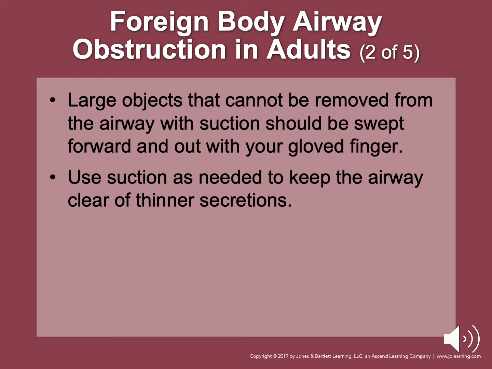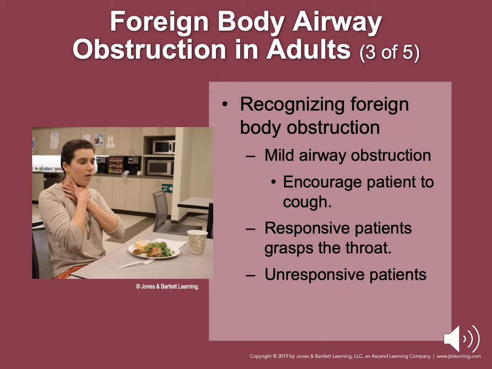Recognizing foreign body obstruction: mild airway obstruction means the patient is able to exchange air but still shows signs of respiratory stress. Encourage the patient's cough. Do not interfere with the patient's own attempts to expel the foreign body. Observe for signs of severe airway obstruction: weak or absent cough, decrease in the level of consciousness, and silent motion. In a responsive patient, it is easy to recognize when someone is eating or has just finished eating.